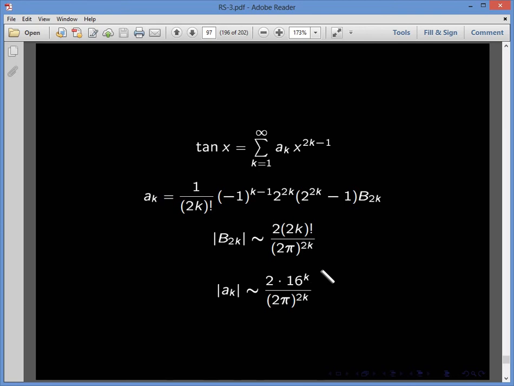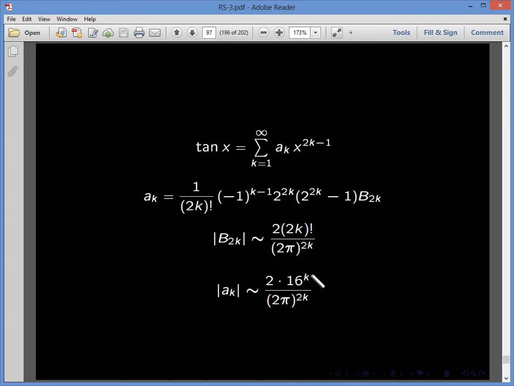So we're just left with this, using the 2 pi raised to 2k coming from the asymptotic formula of a Bernoulli number, so that we have a lot simpler version like this. If you replace that into this formula, we have this asymptotic version.